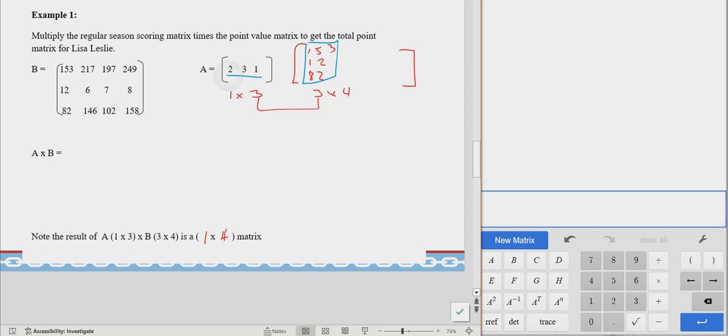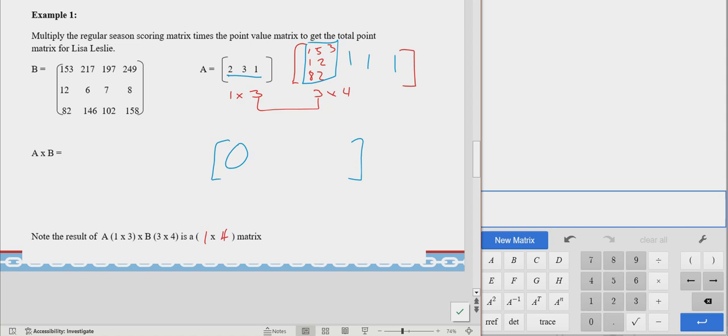So I will do 2 times 153 and then 3 times 12 plus 1 times 82. And in my product matrix, my 1 by 4, that will give me this first term. And I will have to go through that for all 4 of these columns in my original matrix. So I have to end up multiplying all the elements together in that pattern. And it is fairly complex and it would be quite time consuming. So in reality, we are going to rely on a calculator to do that.